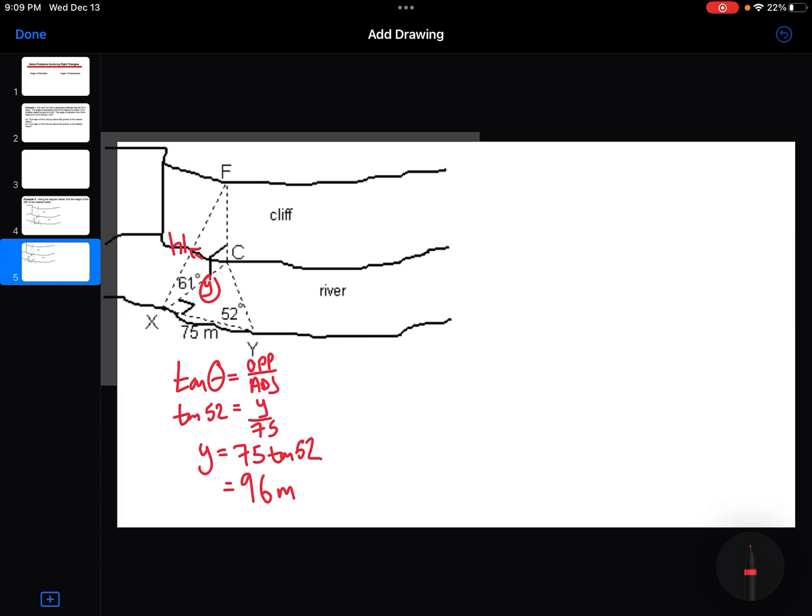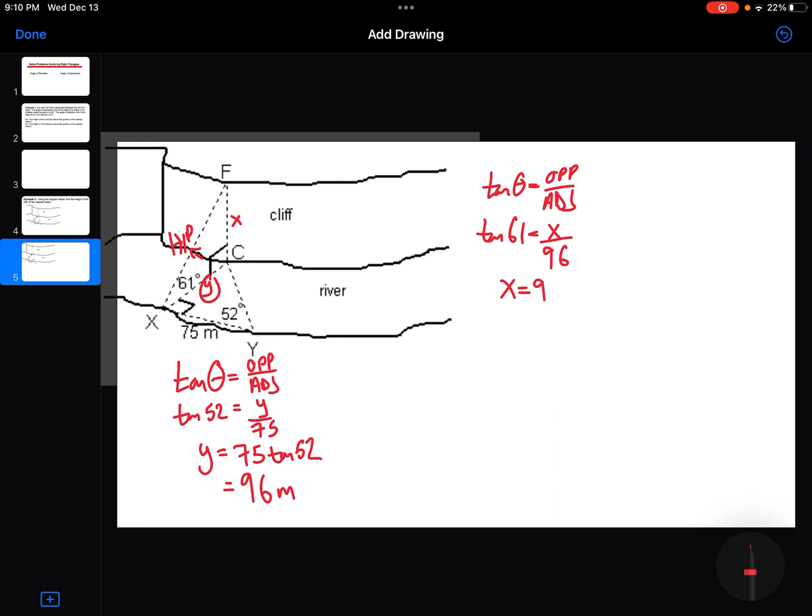So we're using tan again because we need to find x. So tan theta is opposite over adjacent. Okay, we're going to have tan 61 equals x over the 96 that we found. If you can leave it in your calculator, that's always going to be beneficial.